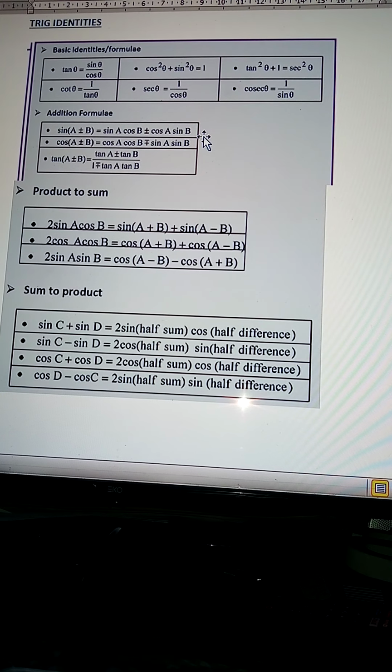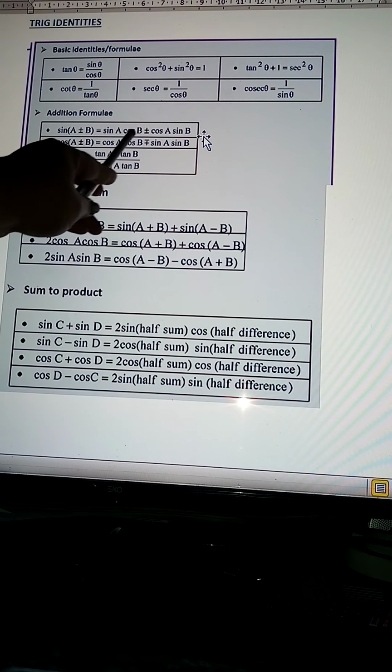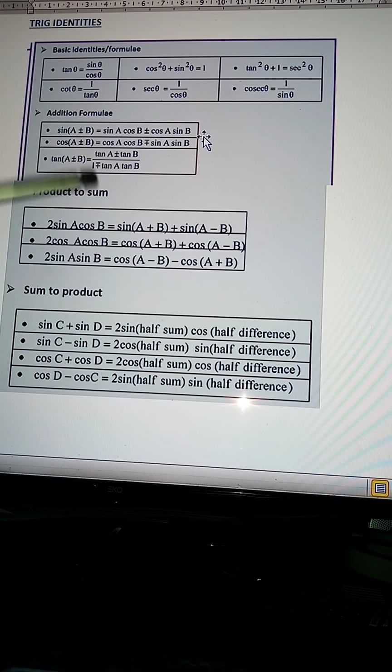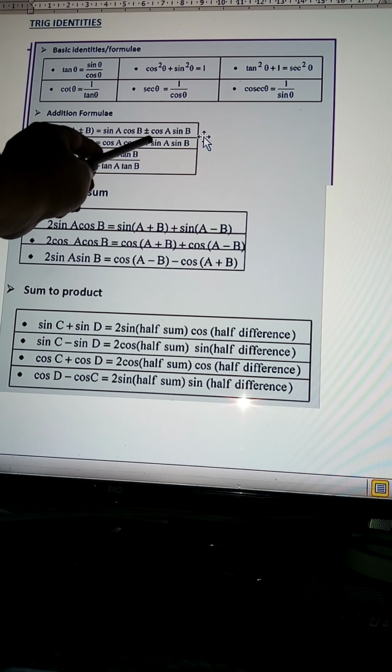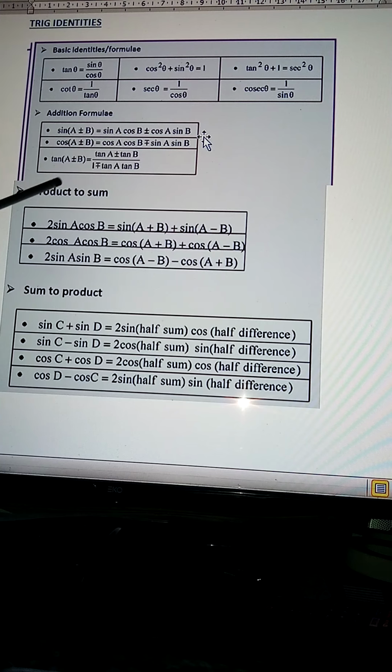If I may use my pen, the plus from here coincides with the plus here. The minus here coincides with this minus. If you look at cos, it's the other way around. The plus coincides with the minus, and the minus coincides with the plus. It doesn't come as plus minus. It either comes as a plus or a minus.